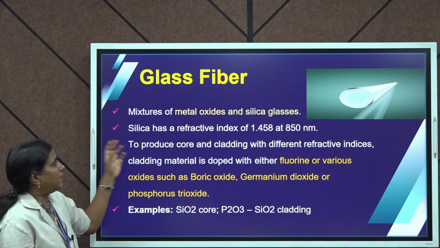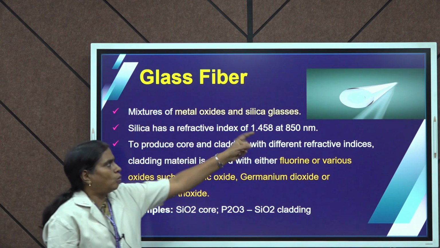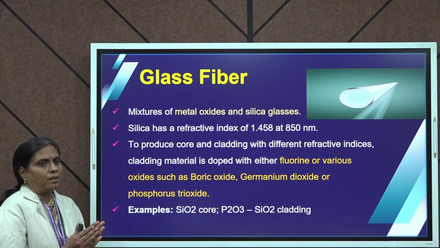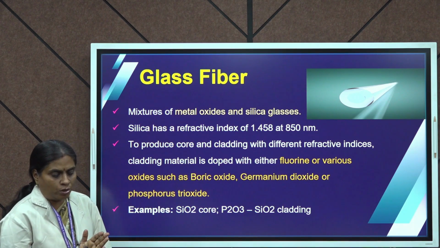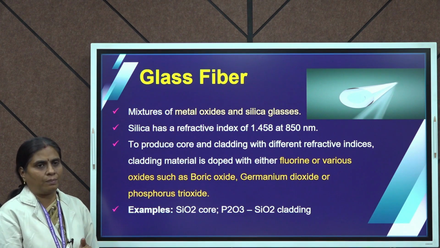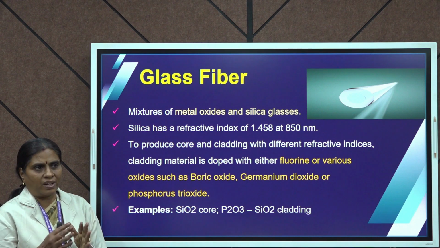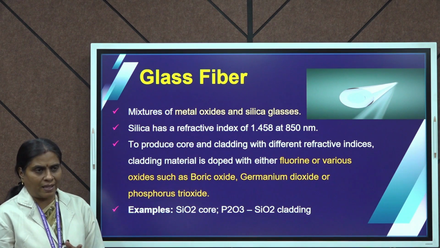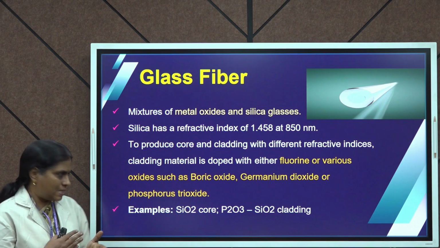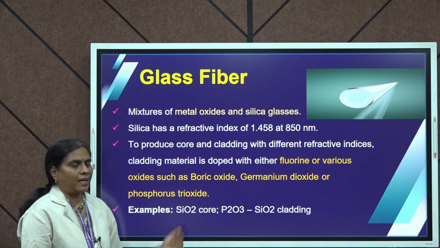Okay. So silica has a refractive index of around 1.458. But we must achieve total internal reflection, so the light must travel from a denser medium to a rarer medium. So the refractive index of the core must be greater than the refractive index of the cladding. For both core and cladding, we are using the same material, that is silicon dioxide.